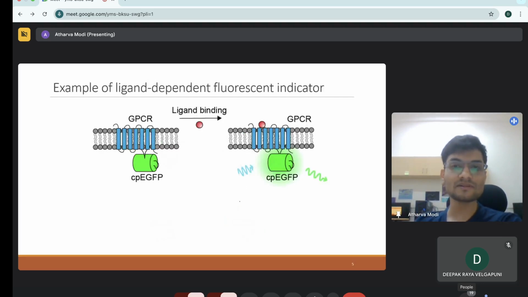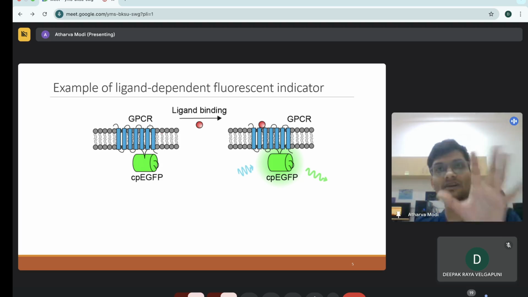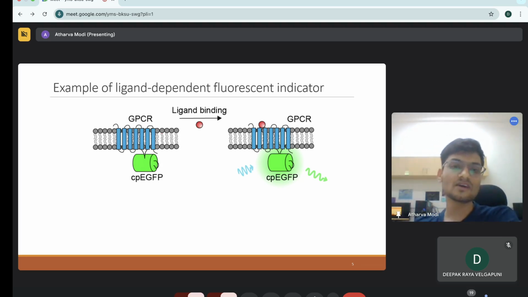So one of the examples of this ligand-dependent fluorescence sensor looks like this. This is a membrane and this is a G protein coupled receptor. You don't need to know what it is to understand this. This is a receptor which binds to some ligand.